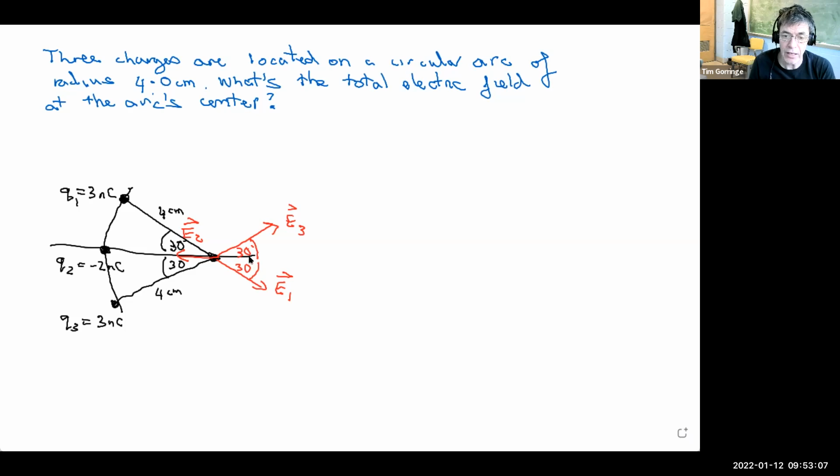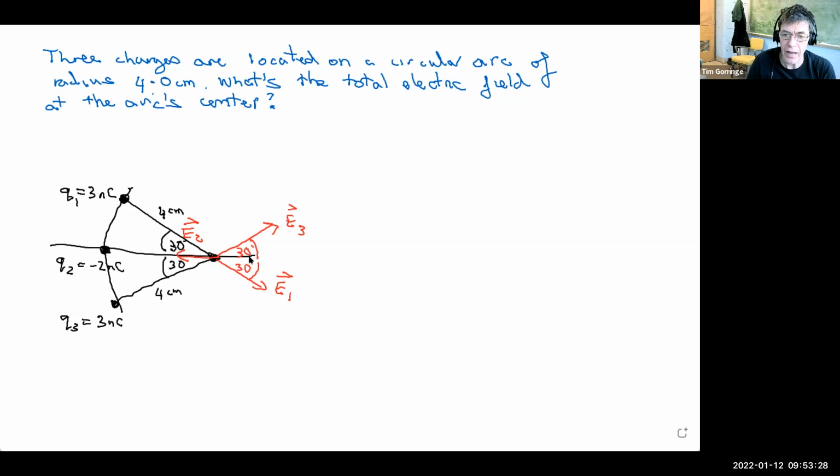So although E1 and E3 have y components, those two y components cancel out. Just from the symmetry alone, we can see that there'll be no y component for the resulting electric field.